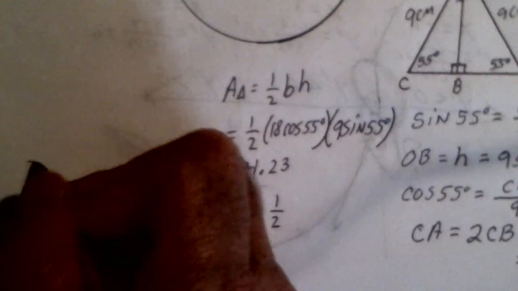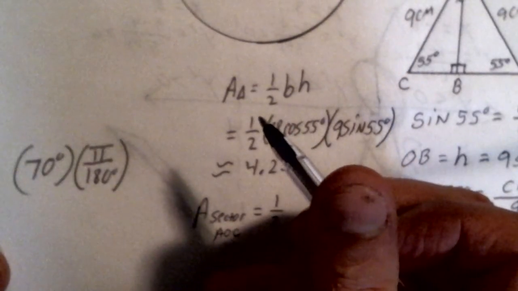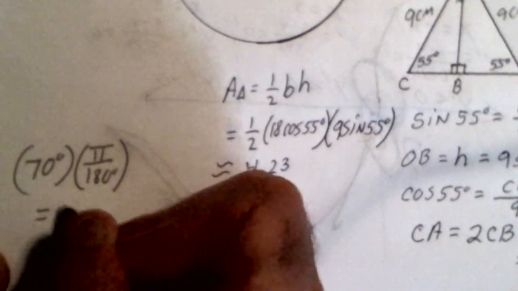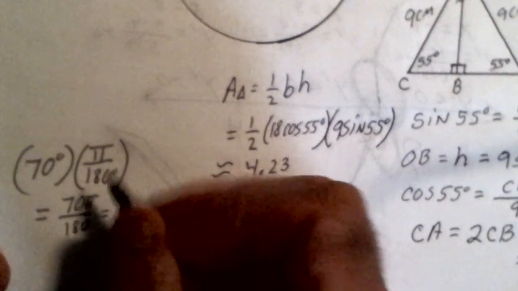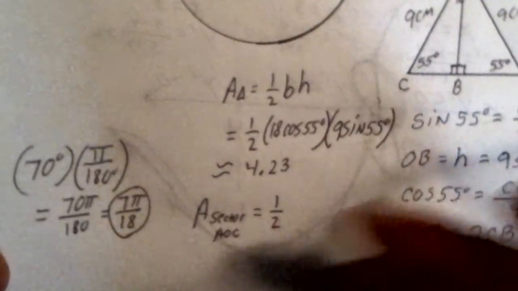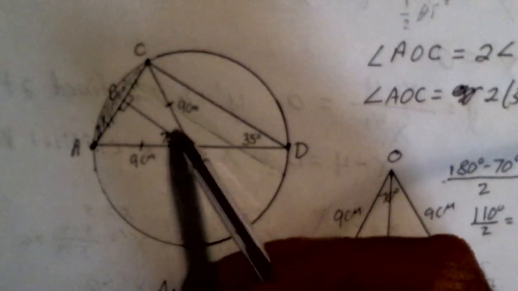Well, 70 degrees converted into radians is multiplied by pi over 180 degrees. So 70 degrees in radians is going to be 70 pi over 180, which reduces down to 7 pi 18ths. So 7/18 pi radians would be the measure of this 70 degree angle in radians, this central angle. So this central angle has a measure of 7 pi 18ths radians.